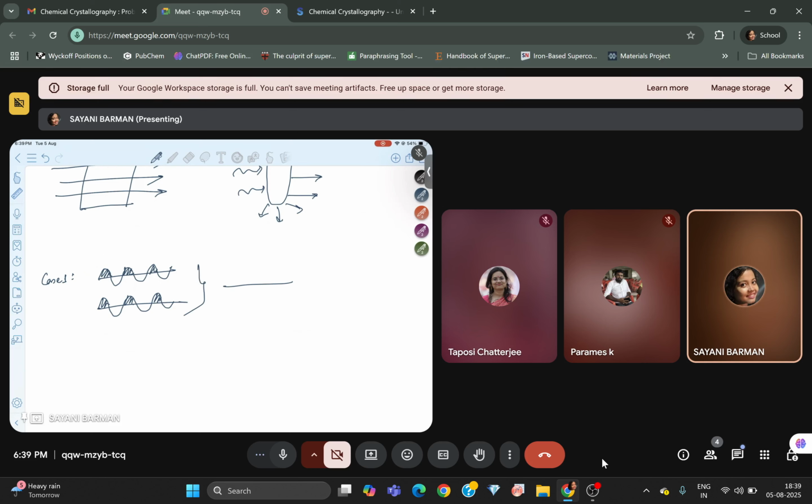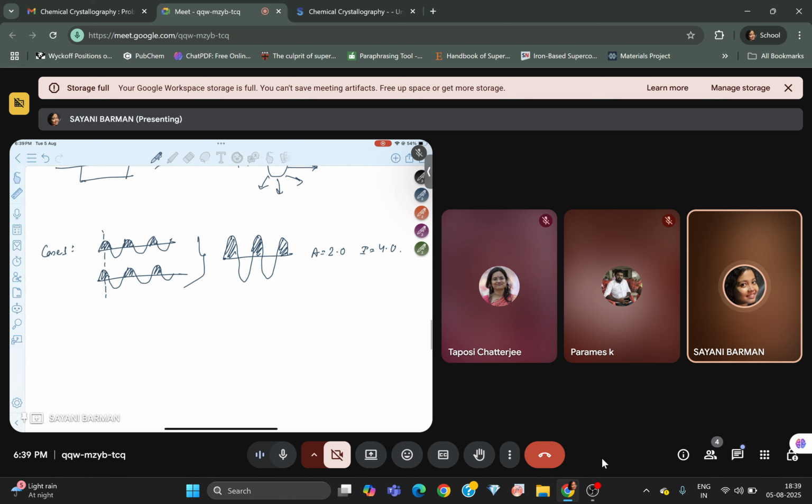So from here you will get this, where the amplitude is 2 times and the intensity is very high, right? Because these are all in phase, all in phase and high intensity. And case two is a slight displacement.